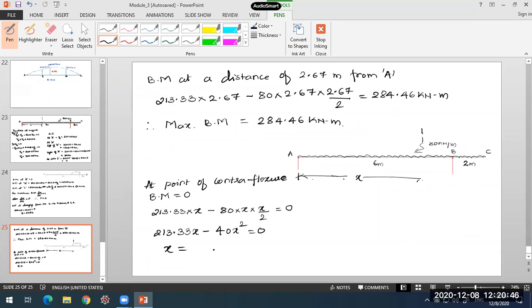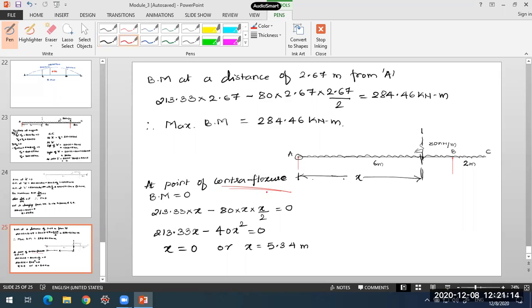You'll get two values: either x is 0 or x is equal to 5.34 meters. x is 0 is directly at point A itself, which doesn't make any sense for us. But x equal to 5.34 is the point where our bending moment is changing sign. That is the point of our contraflexure.